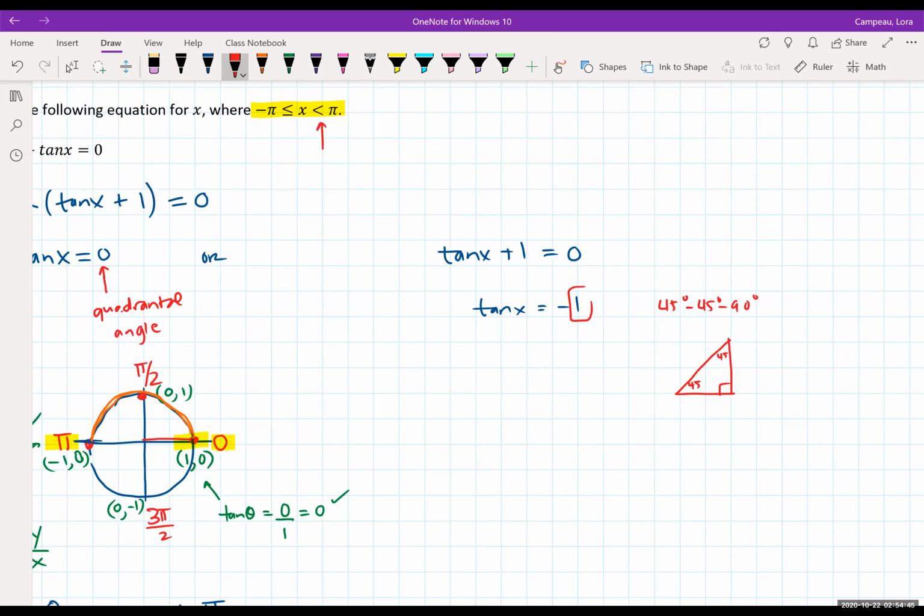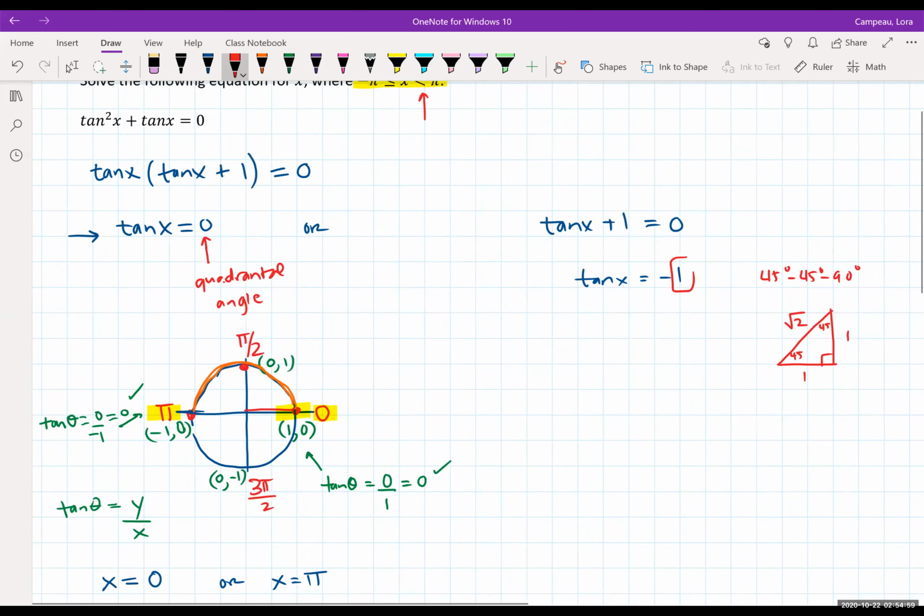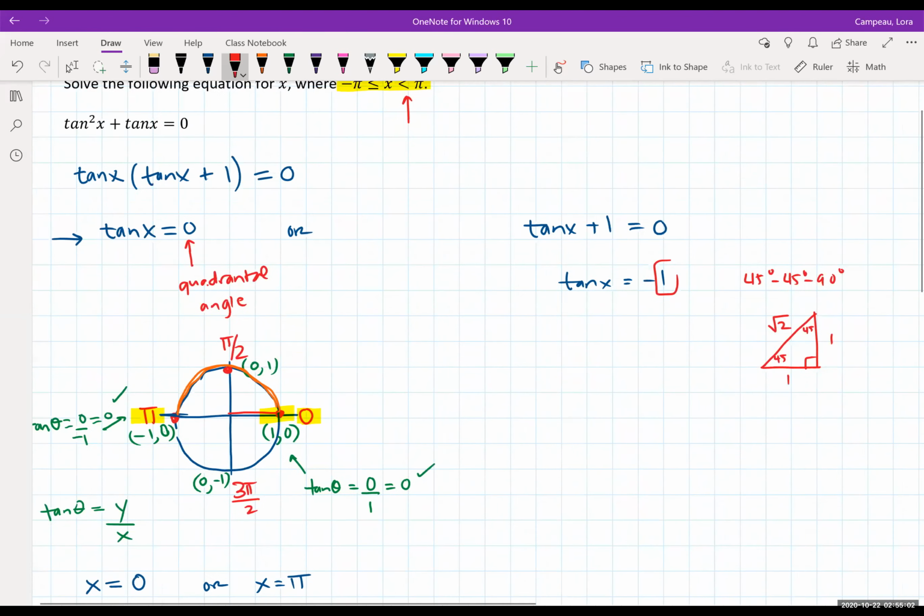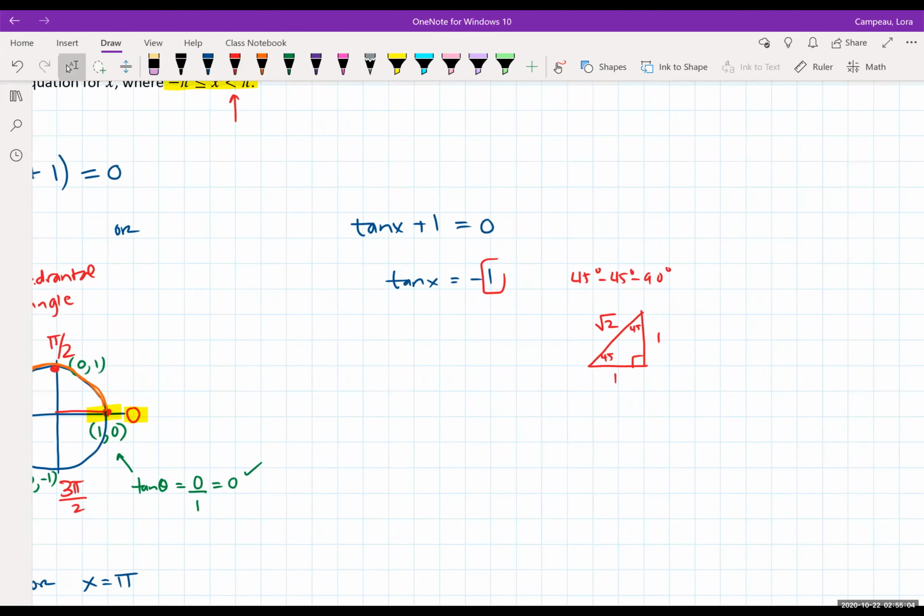I talk about degrees for now, but remember, the sides are 1 and the hypotenuse has a length of square root of 2. I like right triangle trigonometry. I do realize that 45 degrees is equal to pi over 4, so it gives me an idea of what the reference angle should be.